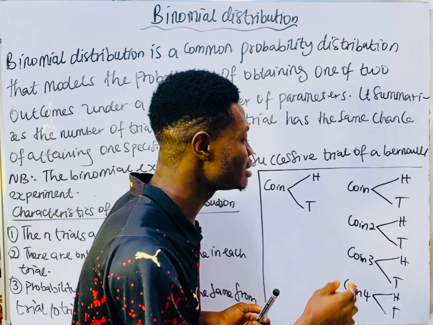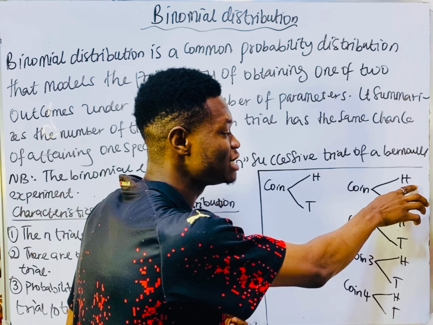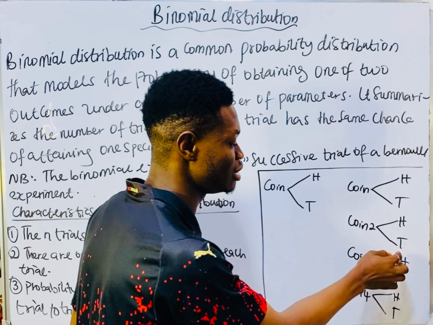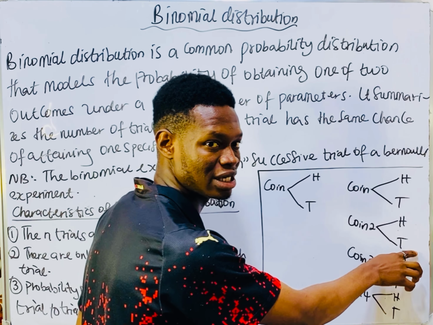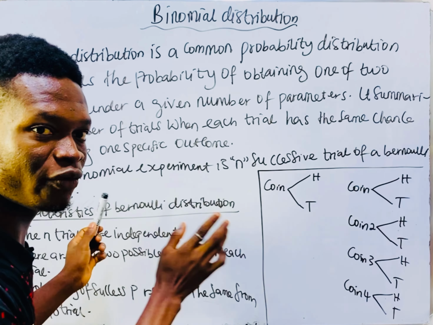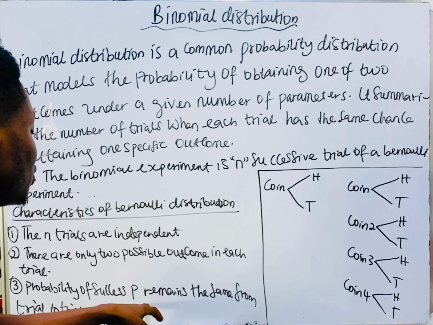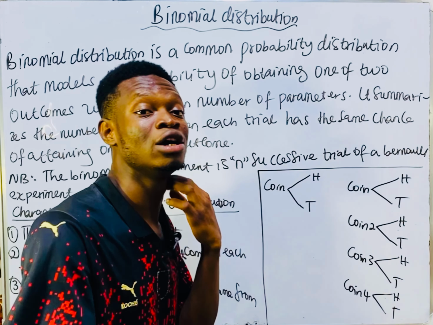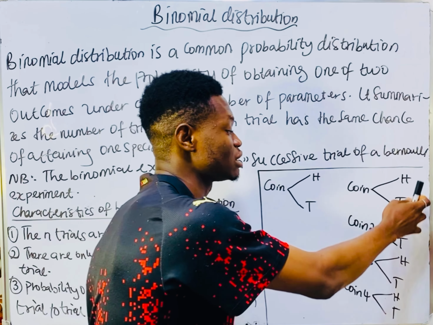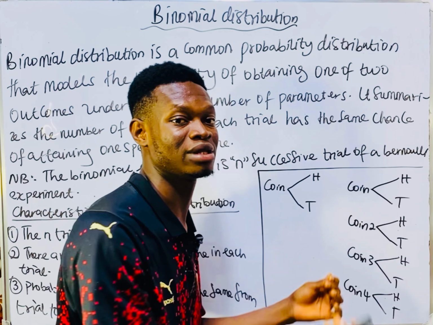It will not change to getting T as my success. If I changed to T as my success, that means it does not follow binomial distribution. It's trying to tell us that the probability of success remains the same from trial to trial. So if H is your success, it will still be your success from trial to trial.